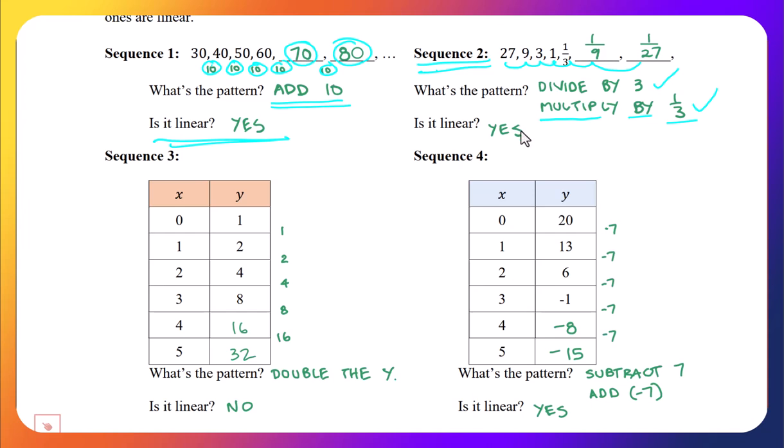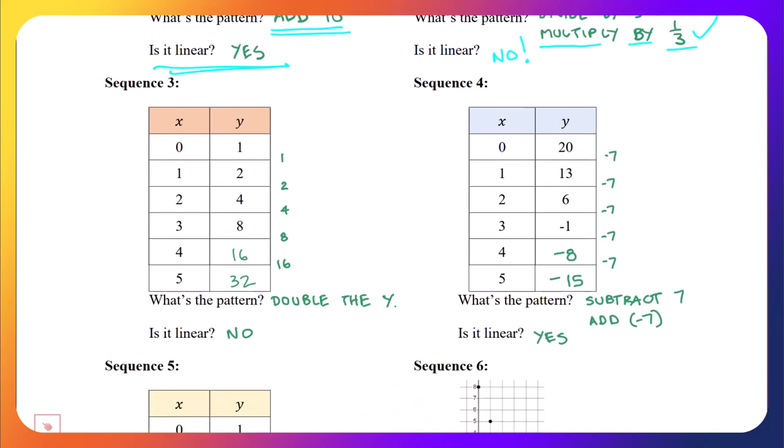And is this linear? Well, whoever wrote this was wrong. The answer is no. We are not adding the same thing each time. There is a pattern, but it's not linear. Okay, let's see.